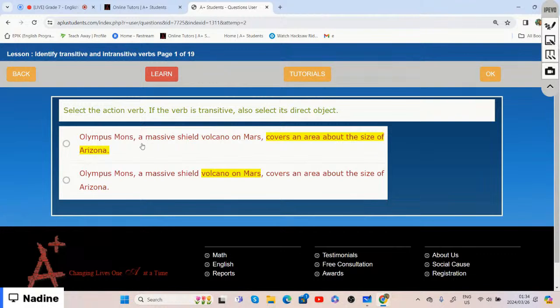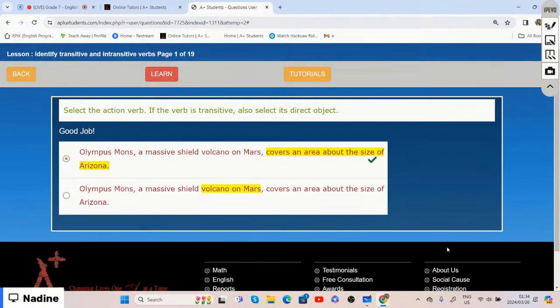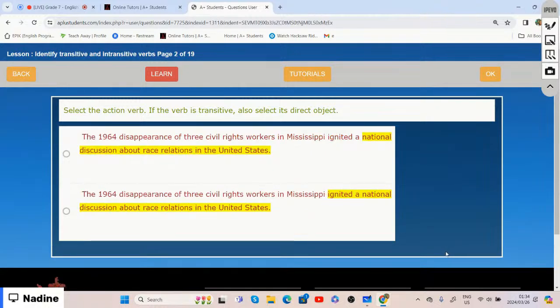And if we choose the action verb, then it's going to be covers an area, right? So the first option was our answer, and it did not have a direct object.